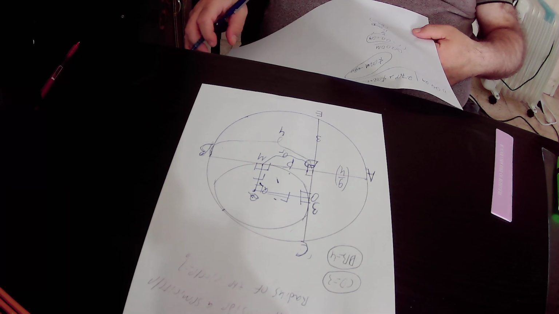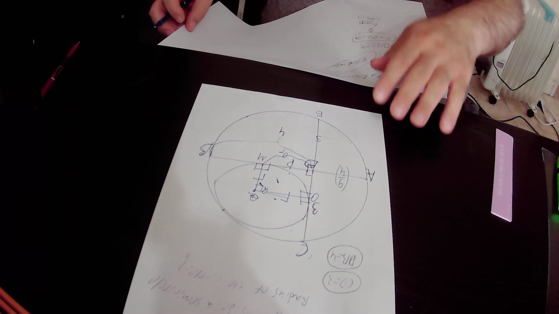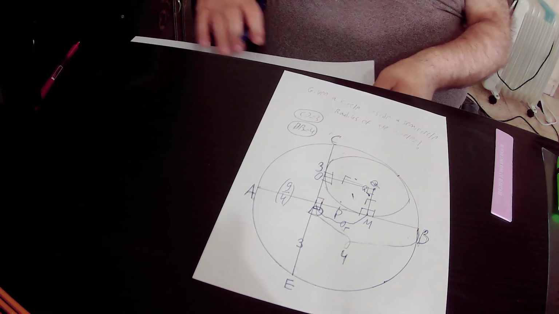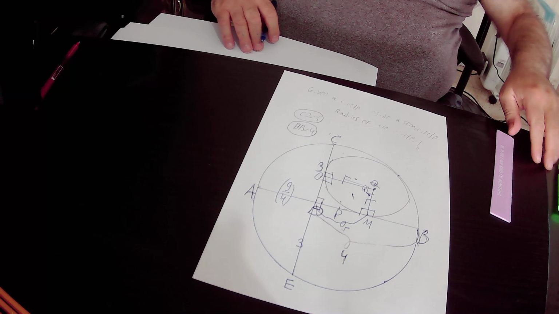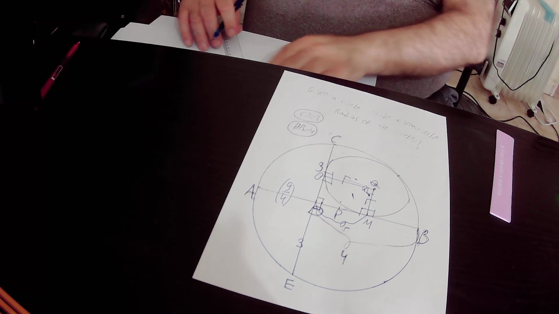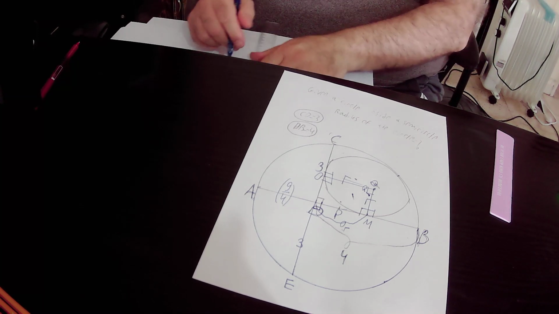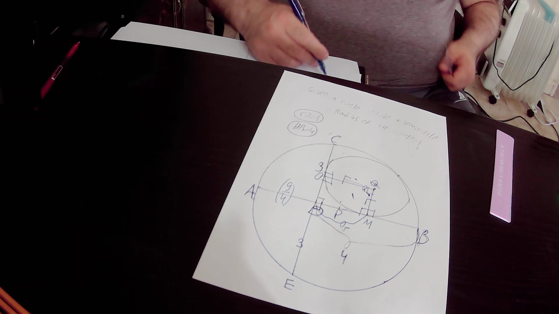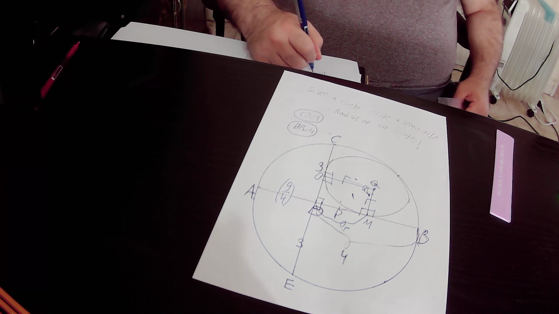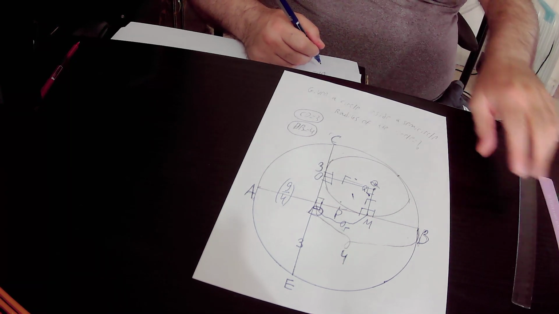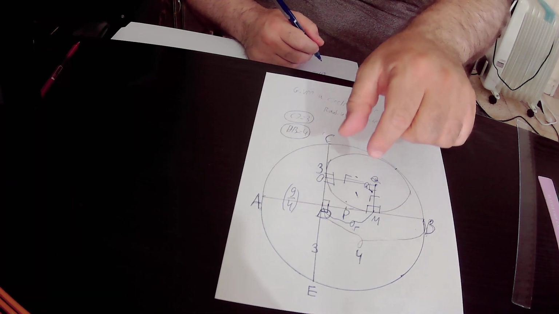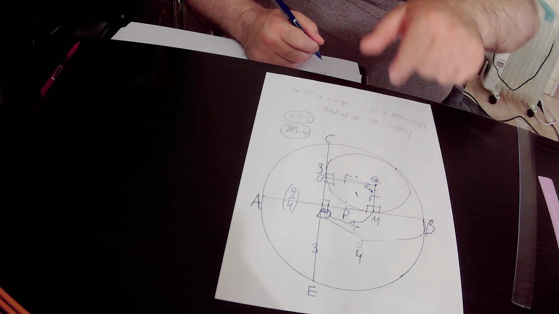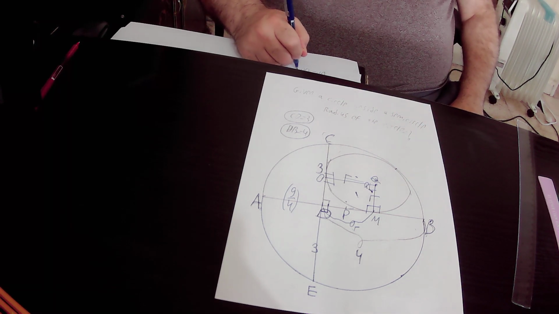And what is the length of line segment dp? From the drawing, it is very easy to see that the length of small line segment DP is equal to dB minus PB.